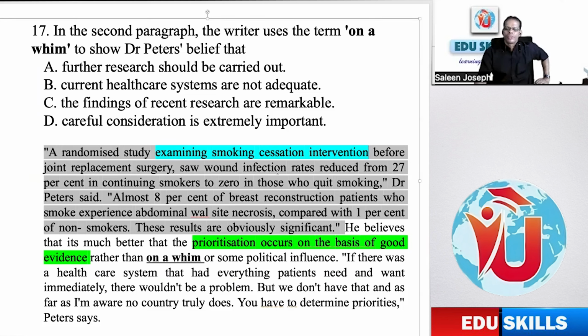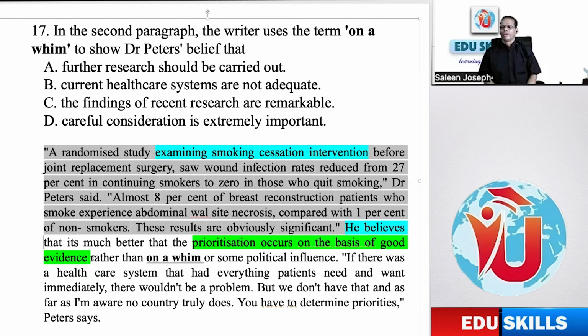Here, the answer should be here. Dr. Peters believes that it's much better that the prioritization occurs on the basis of good evidence. Prioritization has not occurred; it has to occur. It should be done on the basis of good evidence.